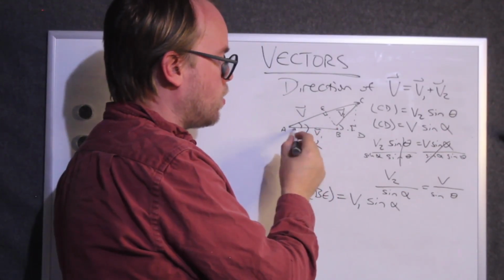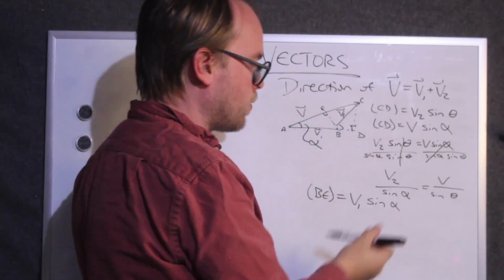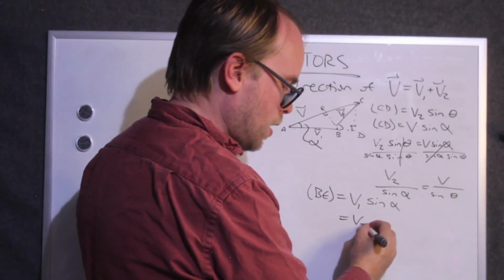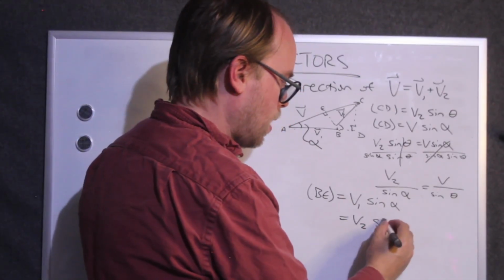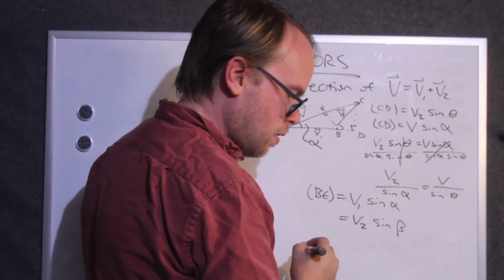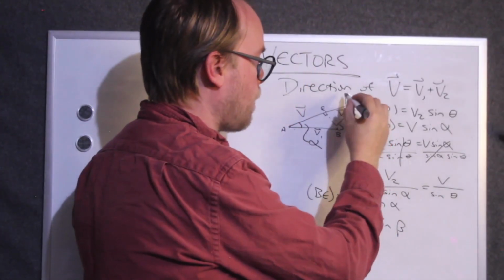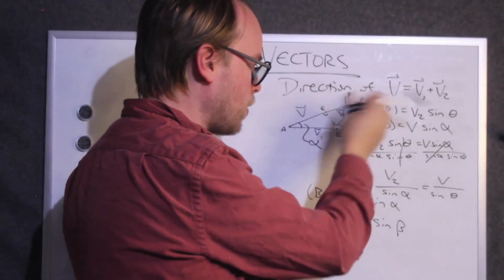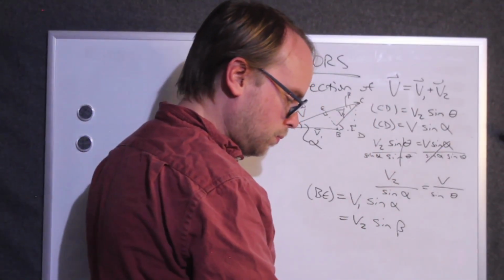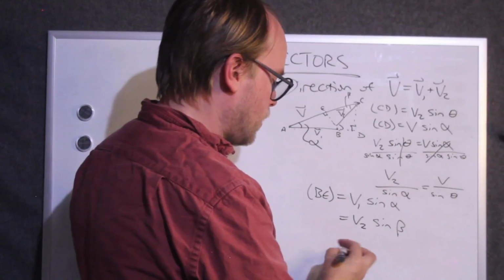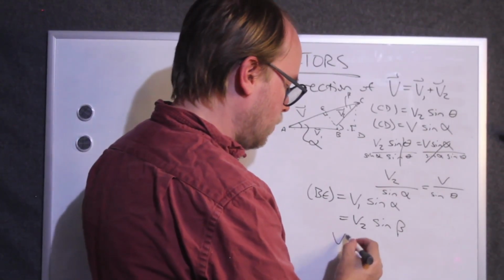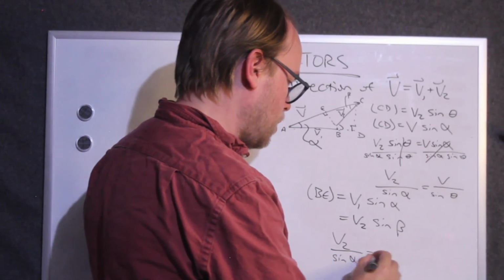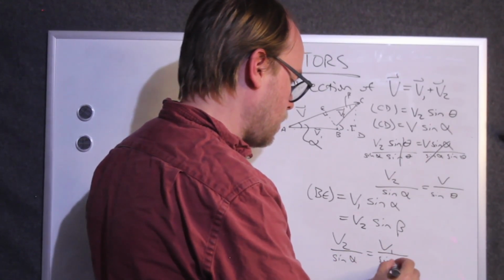This line is equal to this sine alpha, again, because of our SOHCAHTOA rule. But it also equals V2 sine of beta, which is this angle here, we'll say. Okay? It's just the other part of the triangle flipped around, right? So that gives us a similar rule, V2 over sine alpha equals V1 over sine beta.